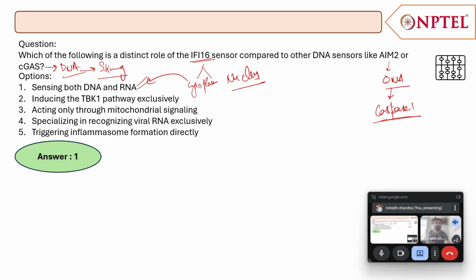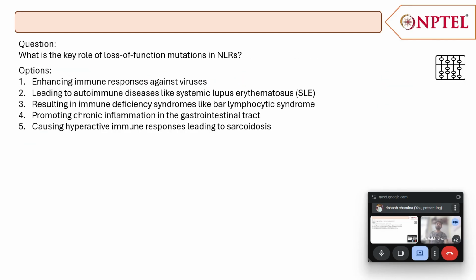Okay, so let's move on to the next question. What is the key role of loss of function mutation in the NLRs? So what can be the correct answer?